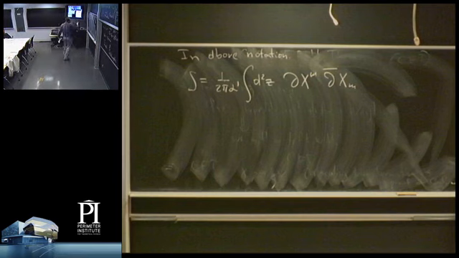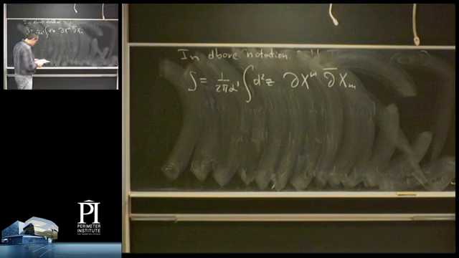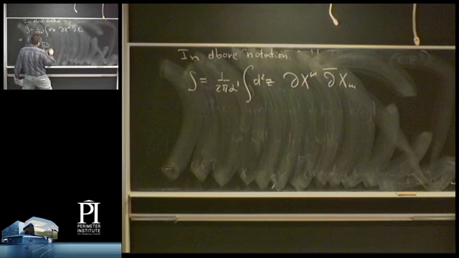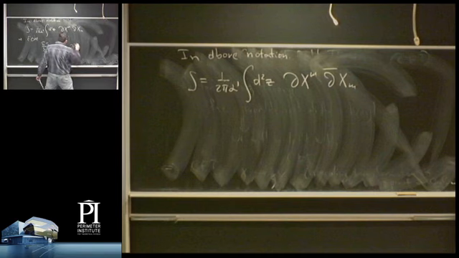Great. So now what I want to do is find the equation of motion. We want to extract the equation of motion, so I vary with respect to x mu. I'm going to get -2 over 2 pi alpha prime del bar of x mu.